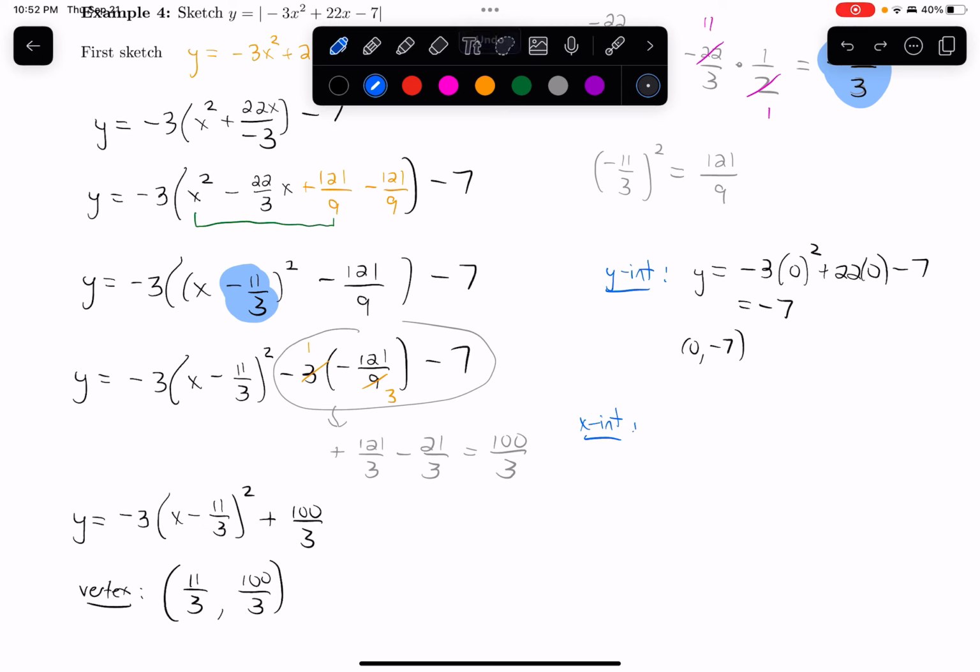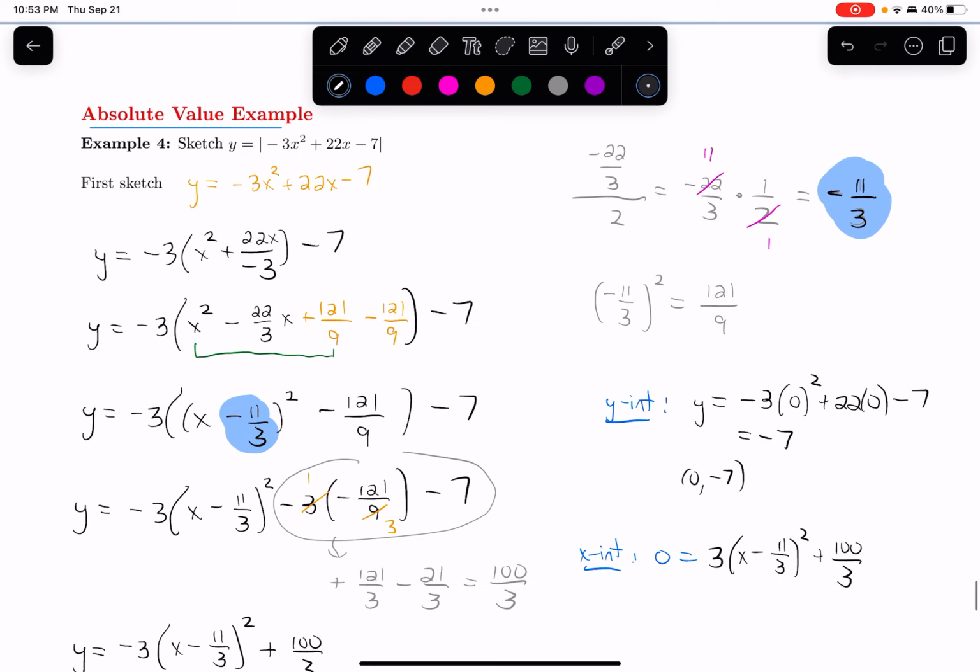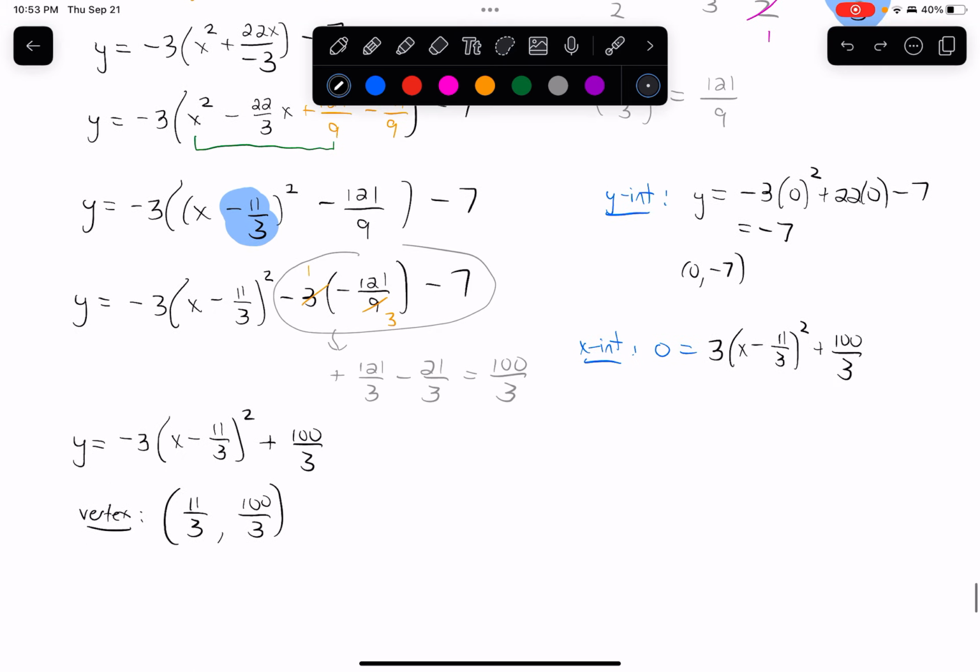Okay, so if I do that, I get 0 equals 3 times x minus 11 over 3 squared plus 100 over 3. Okay, I could do that in the original as well, and if I'm lucky, it'll factor. But often, if I plug in 0 for the y in the original, I'll have to do some quadratic formula. Okay, so now let's solve this.